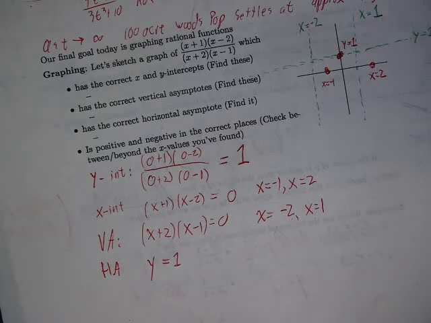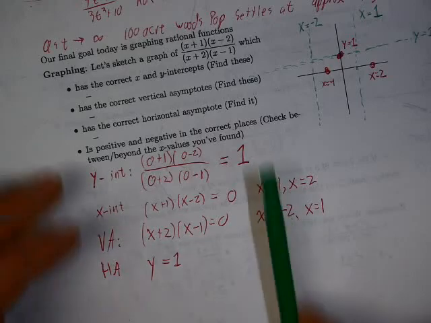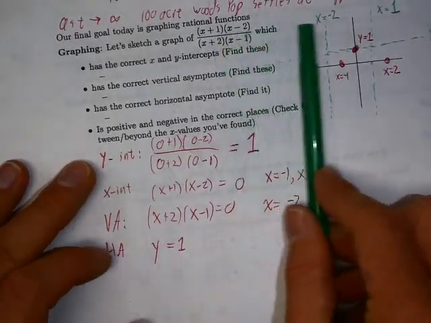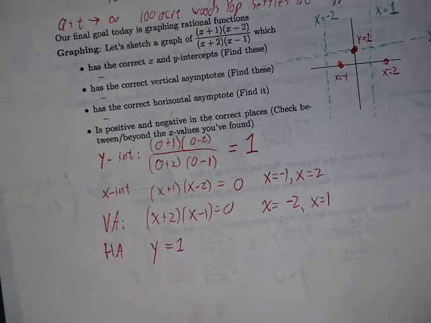Cool. So I have a lot of information already. Let's try to figure out where this thing is going to be positive and negative, and let's think about where it could change from positive to negative or negative to positive. Throughout any of the points to the left of x equals negative 2, does it have any opportunity to change from positive to negative?